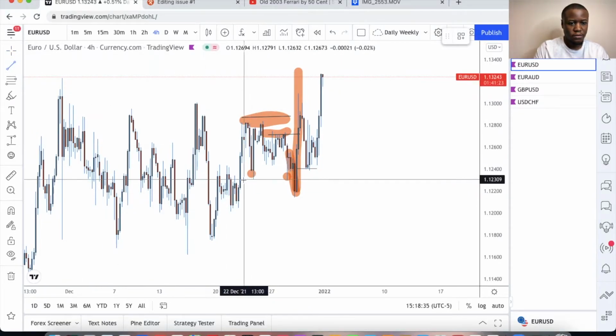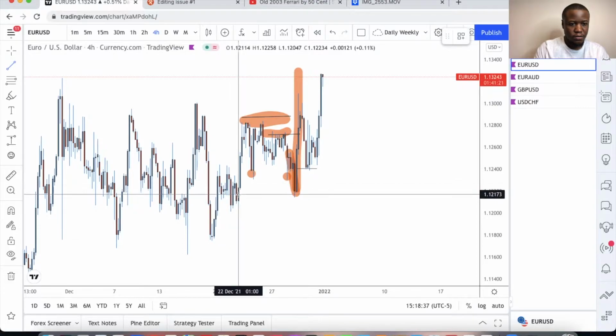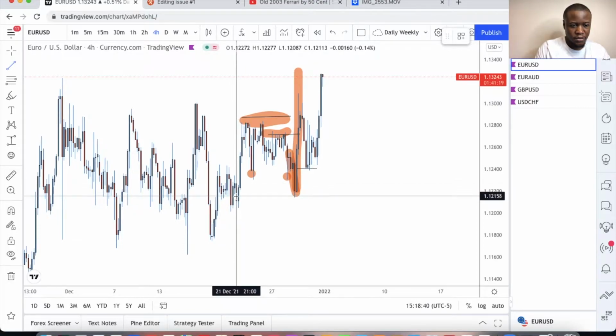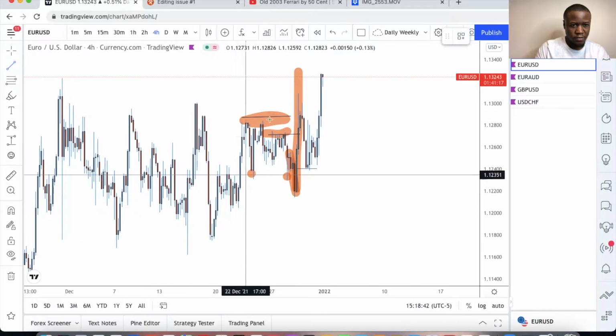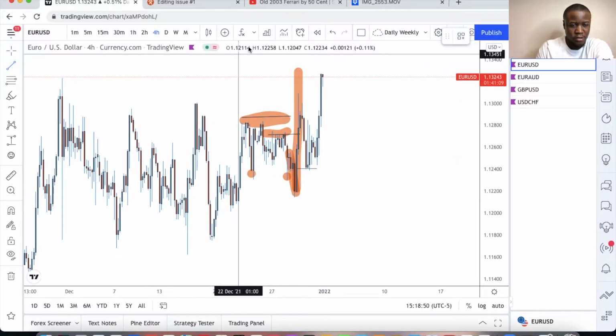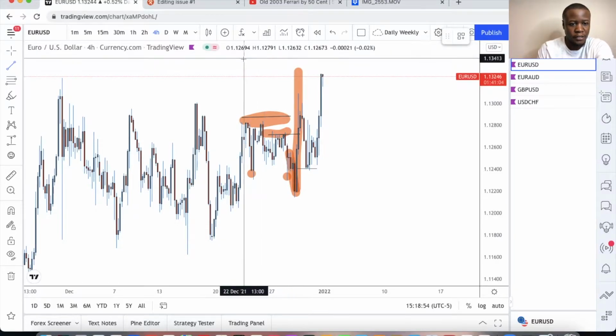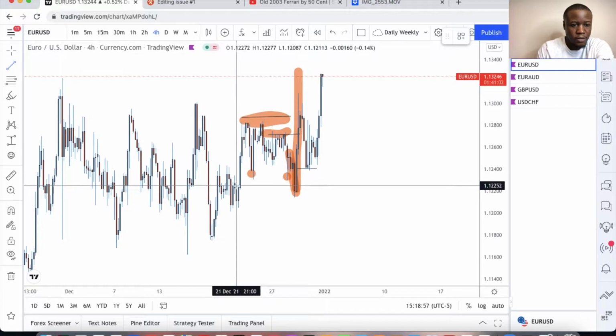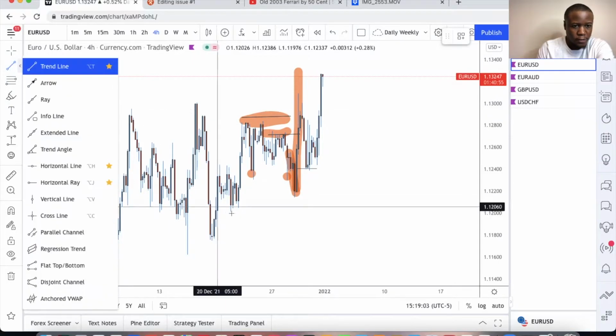You could look at the top of the screen on TradingView, and you can see the high of the candlestick. Or sorry, the opening. You want the opening of the candlestick, or the high, but it's better to go with the opening of the candlestick. So you take the opening of the candlestick, which is right here.